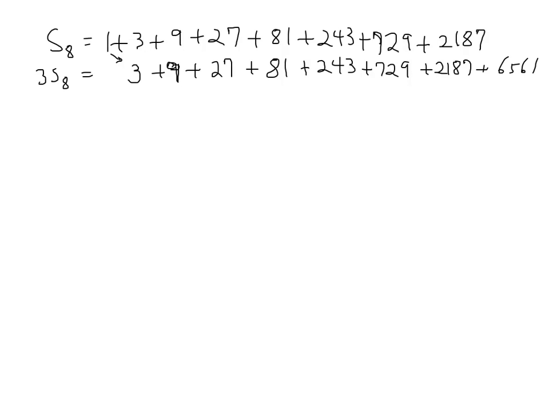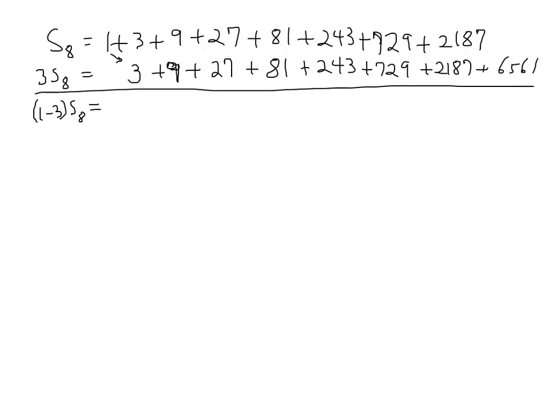Now what can I do to this side to make some of those numbers disappear? Well, we can see that there's 3, 3, 9, 9, 27. Let's see if we can subtract these numbers from here. Okay, if we subtract this top line by this bottom line, we're going to get some nice cancellations. On the left side, you're going to get 1 minus 3 times s sub 8.